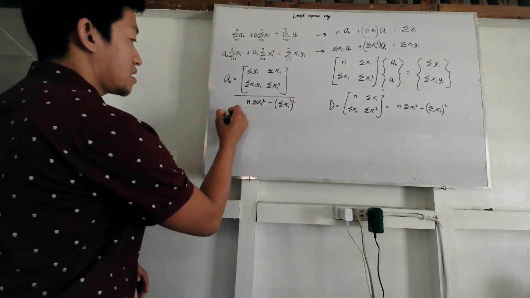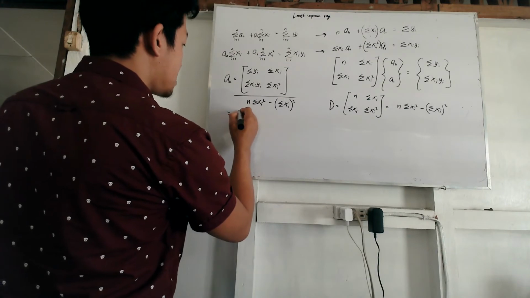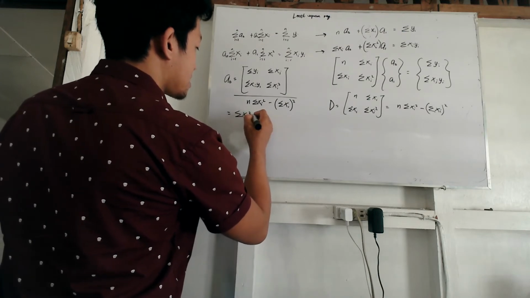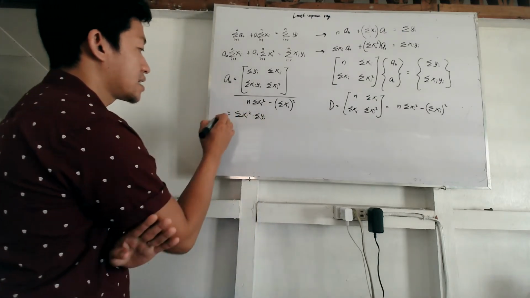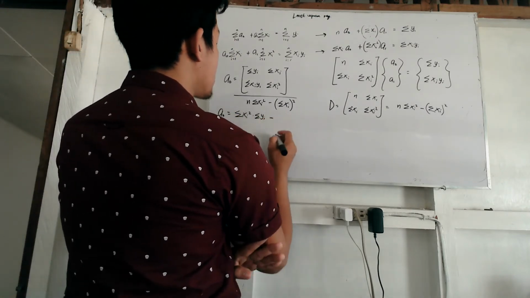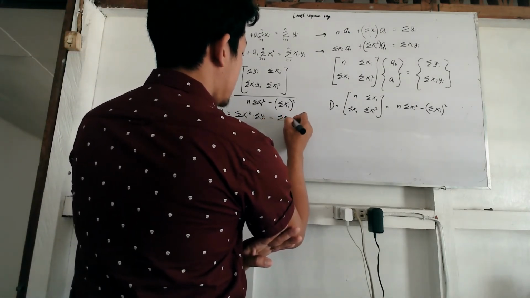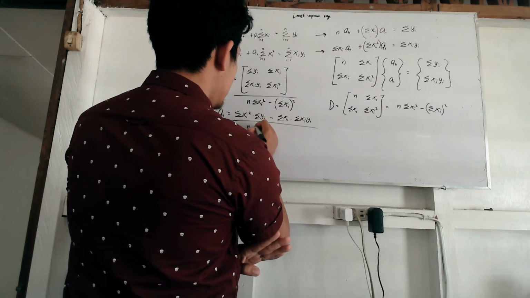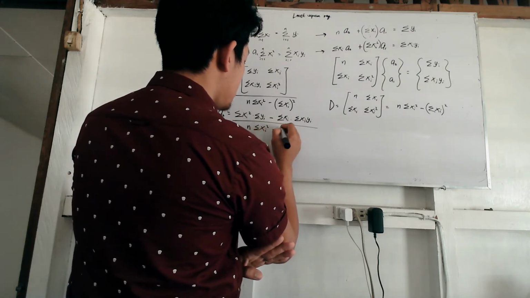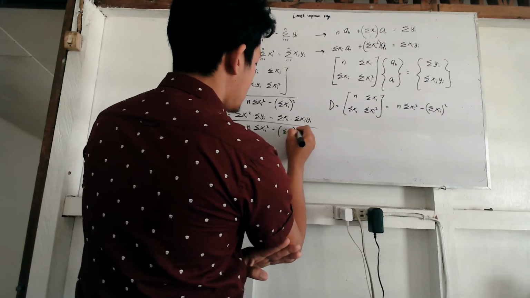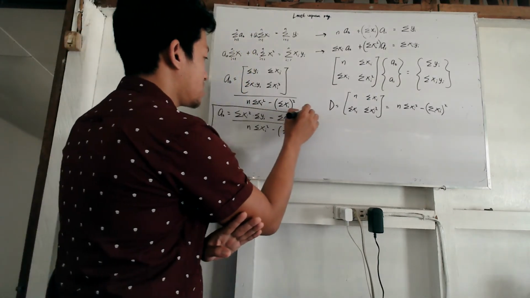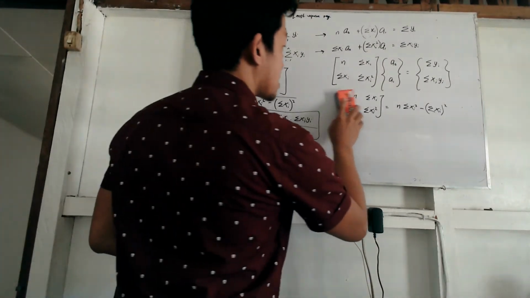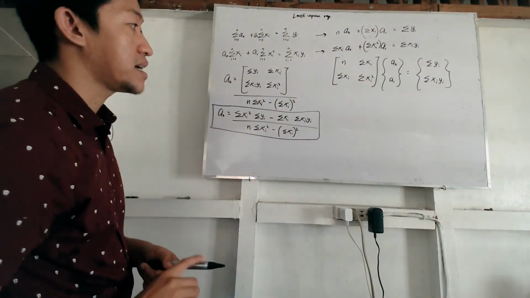Therefore, cross multiplying, it becomes summation of xi square times summation of yi minus summation of xi times summation of xi yi, over n summation of xi square minus summation of xi squared. Okay. That is your a0.